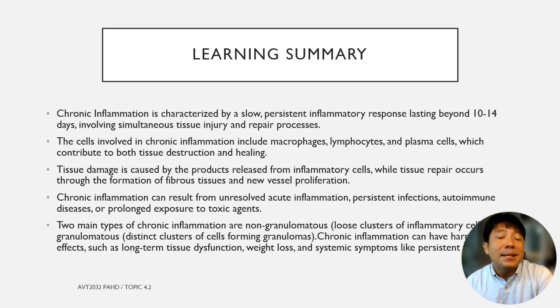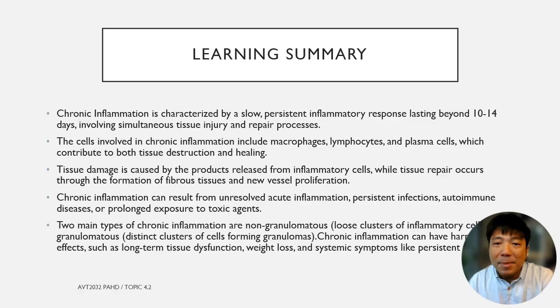Let's recap the learning summary of what we have gone through in the video. In summary, chronic inflammation is a prolonged response that can last from weeks to years. It involves a delicate balance between tissue destruction and repair, and we covered the cellular level, where macrophages, lymphocytes, and plasma cells play key roles.